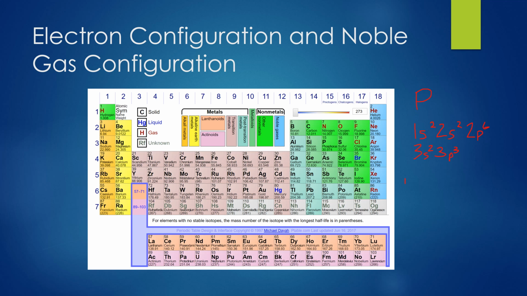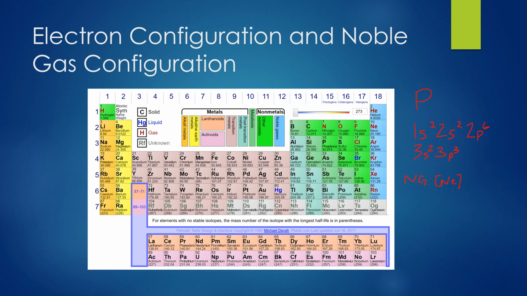Now if we were to do a noble gas, well, what are our noble gases? They're this series right here on the right, this column. What is the noble gas that we complete on our way to phosphorus? Well, we actually cross neon. So what we're allowed to do, and this saves us a bunch of time, is to write the noble gas here, neon.